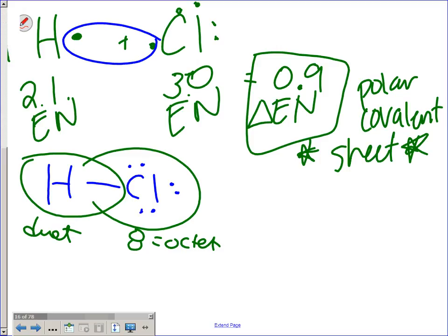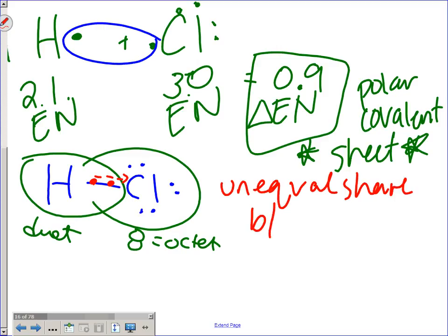What's really happening is that on this bond here, there's 1 electron and there's a second electron, right? Basically, these 2 electrons are just scooching towards the chlorine, which causes this unequal sharing, because chlorine is more electronegative.